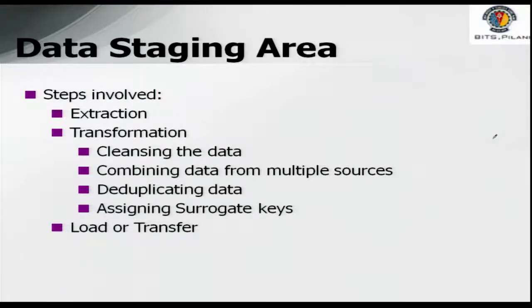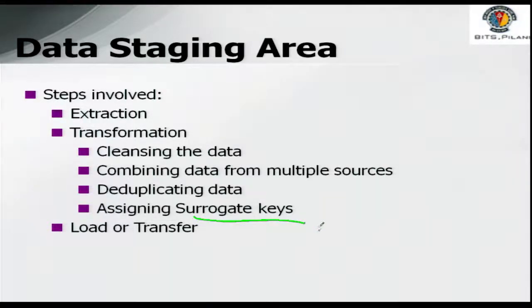You also need to do a lot of deduplication of data, because duplicate data is not desirable. And we also talk about assigning surrogate keys. That is one of the important tasks of ETL, especially the transformation, and I have discussed surrogate keys earlier.